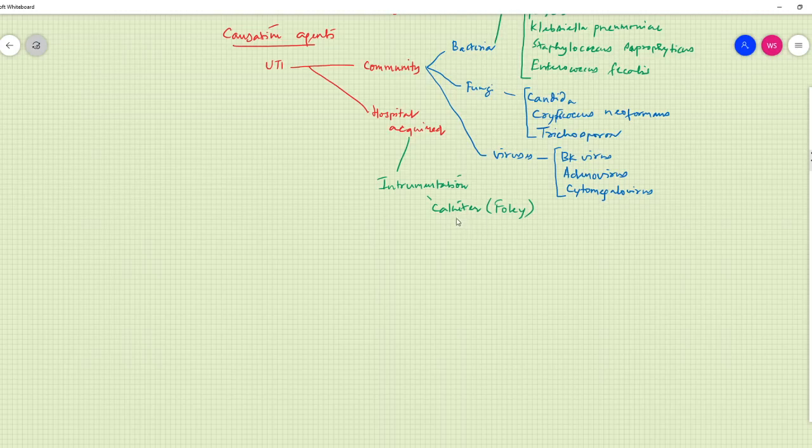If the patient has an indwelling catheter, then the patient can become susceptible to UTI. So UTI can be acquired from the community or from the hospital.